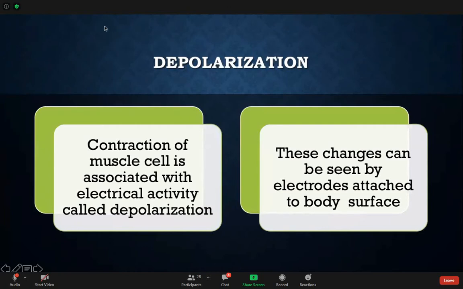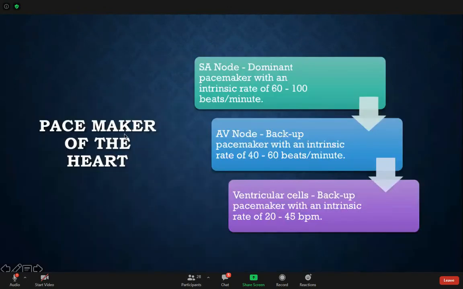So we have an SA node, and we also have, as Hassan says, the AV node. The SA node sends impulses through the electrical system. You're right, guys. The SA node is the dominant pacemaker, with an intrinsic rate of 60 to 100, meaning its usual rate is 60 to 100 beats per minute.